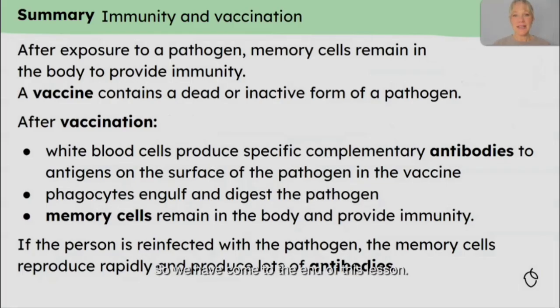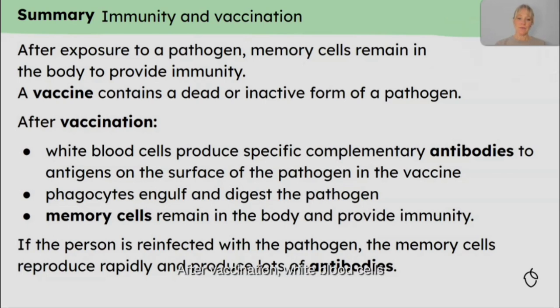So we have come to the end of this lesson, and this has been a really great one. Lots of new information in this lesson, and I've really enjoyed teaching it. I'm just going to go through those key learning points to finish off. After exposure to a pathogen, memory cells remain in the body to provide immunity. A vaccine contains a dead or inactive form of a pathogen.